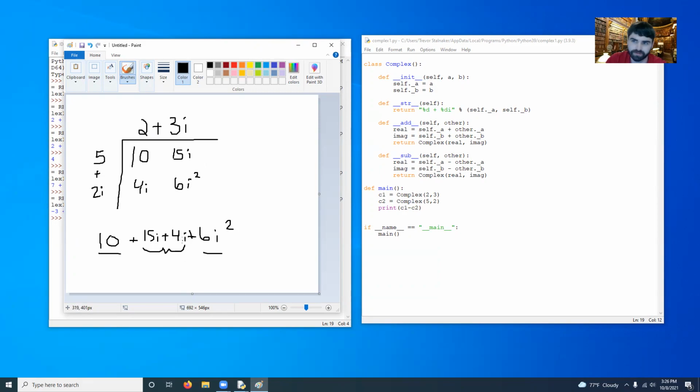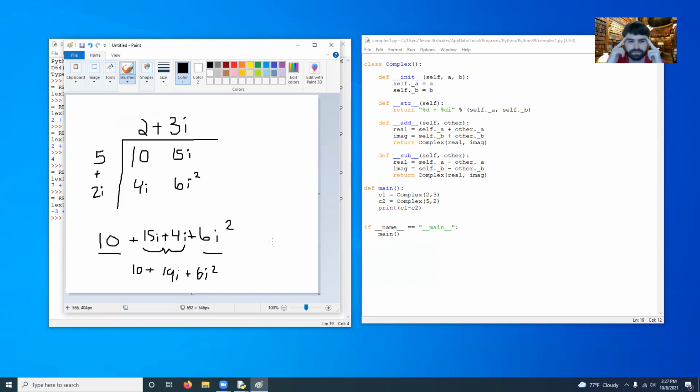Here we multiplied the first b with the second a. All right, that's what happened. Or vice versa. But yeah, right? And then we're going to add these together. So you're going to get 10 plus 19i plus 6i squared.